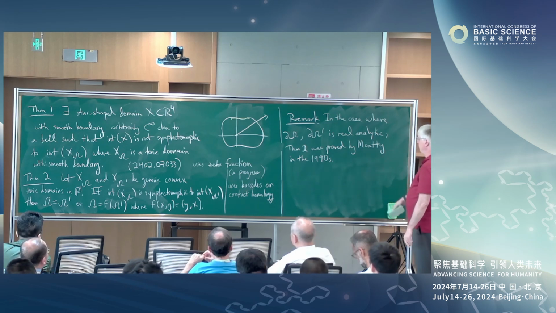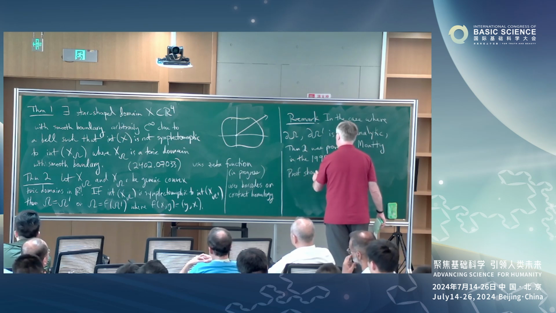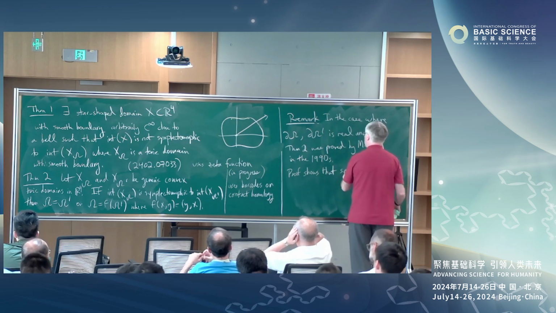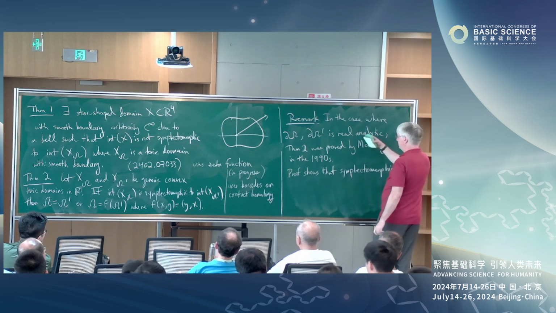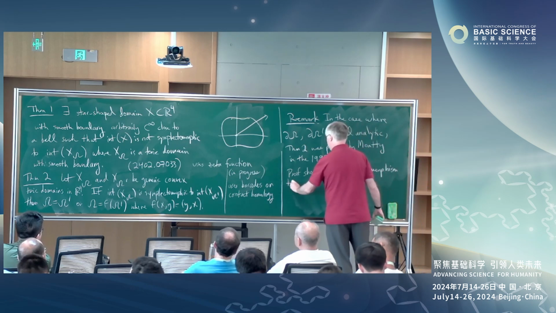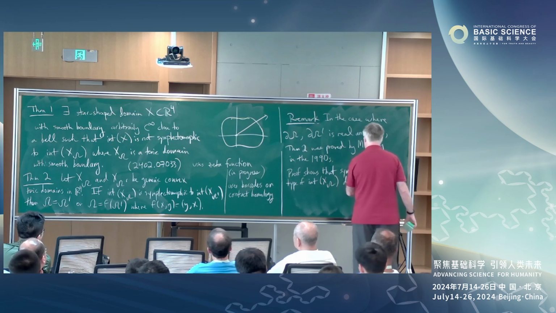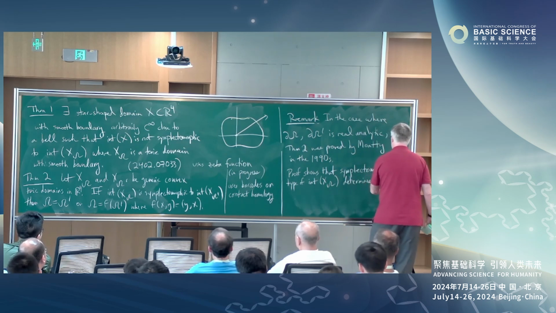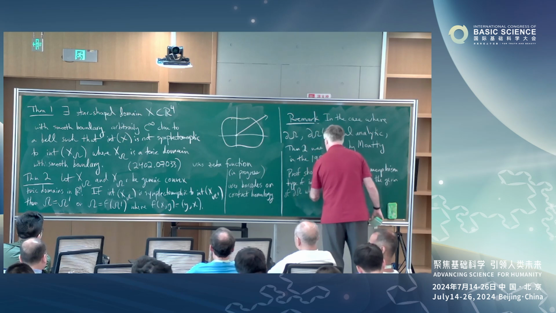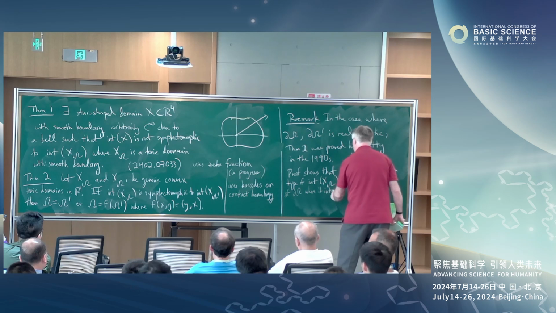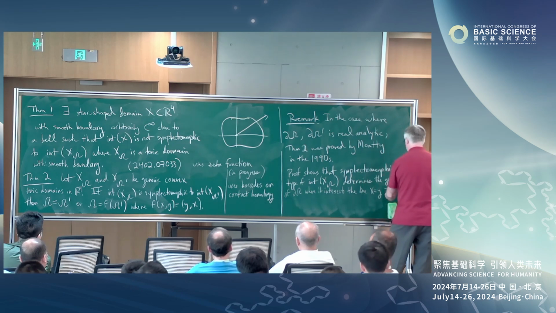If you read the proof, what he really showed is that the symplectomorphism type of the interior of X omega determines the germ of the boundary curve where it intersects the line x equals y, with both greater than 0.